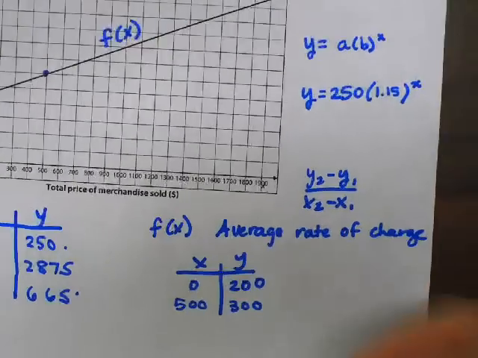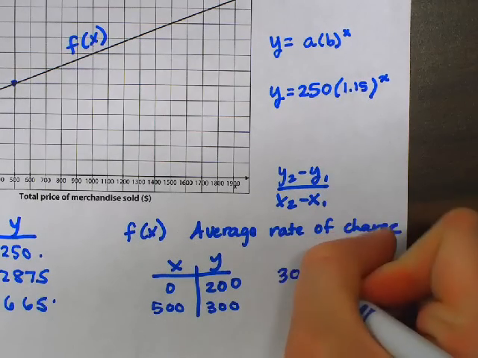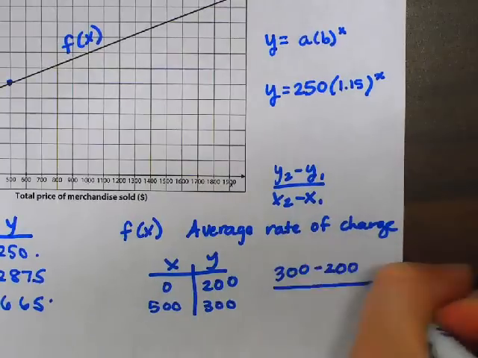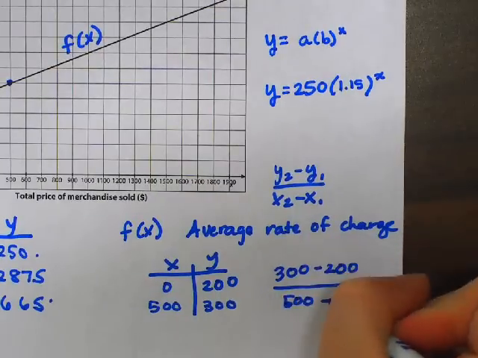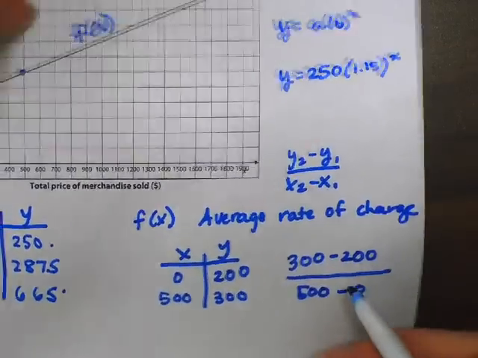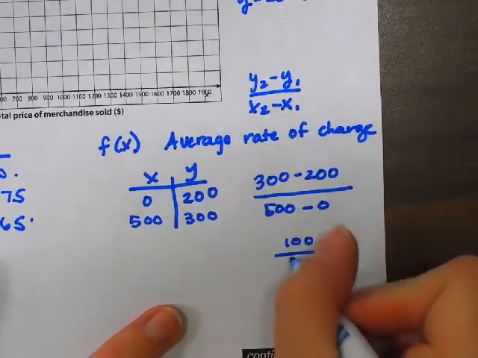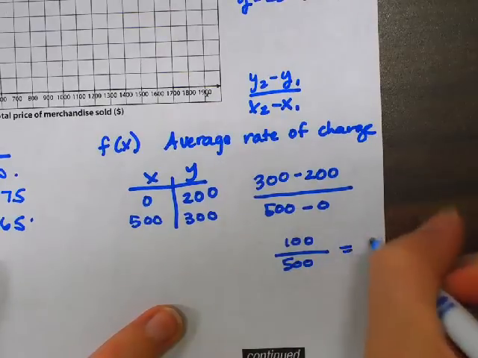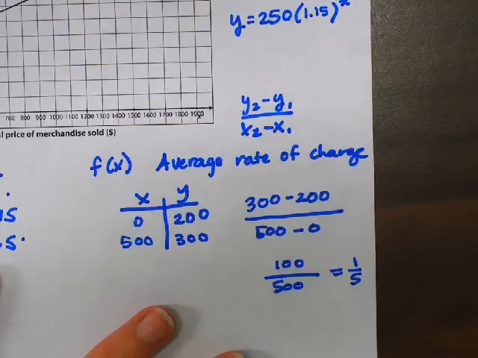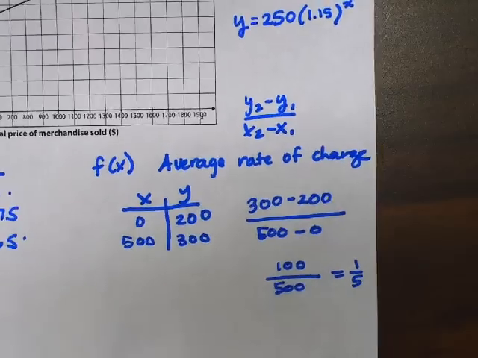Alright, so we're going to plug it into the formula. y2 is my second y value, 300, minus y1 is my first y value, 200, all over x2 minus x1. 300 minus 200 is 100. 500 minus 0 is 500. This simplifies down to 1/5. So it is growing, it's just kind of growing at a smaller rate.